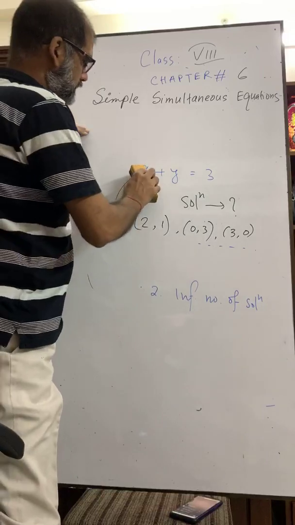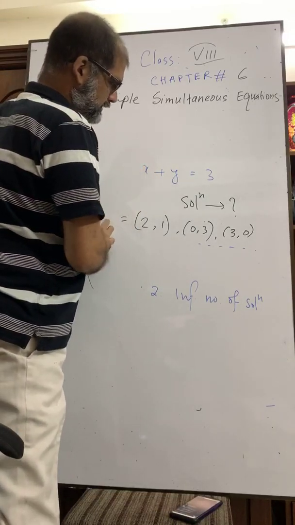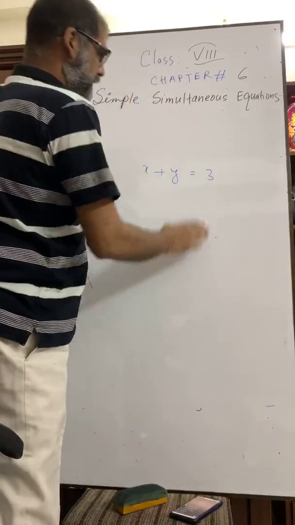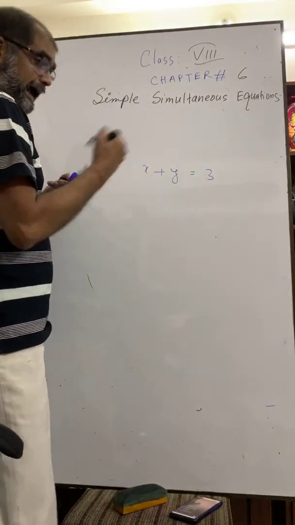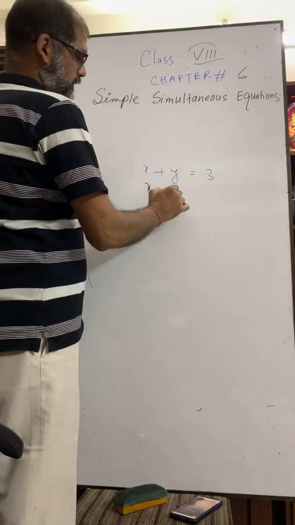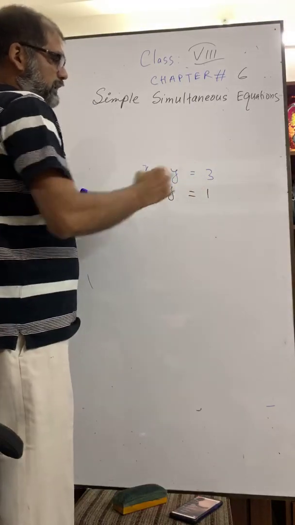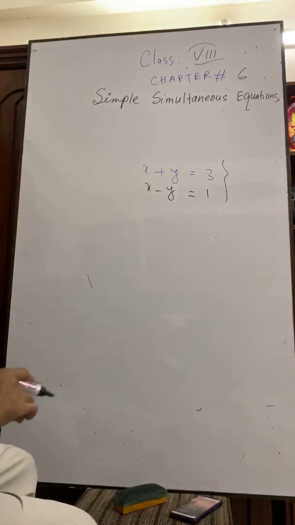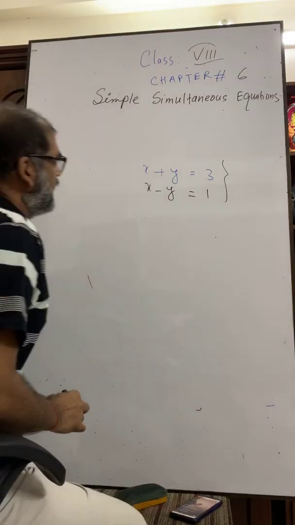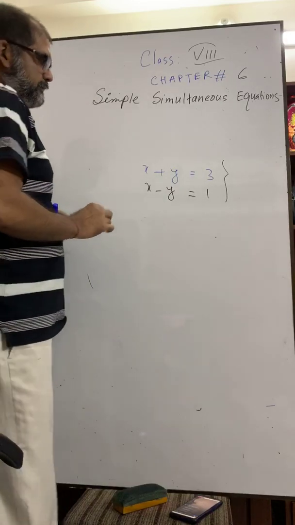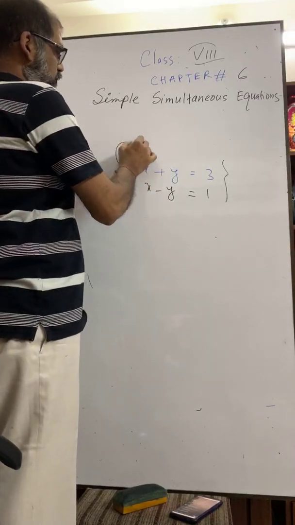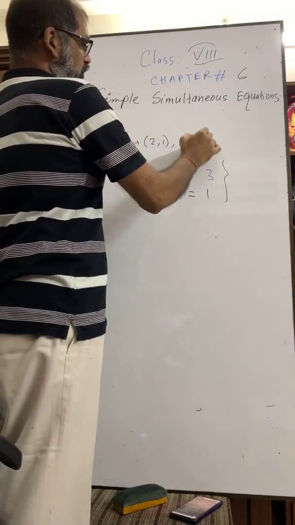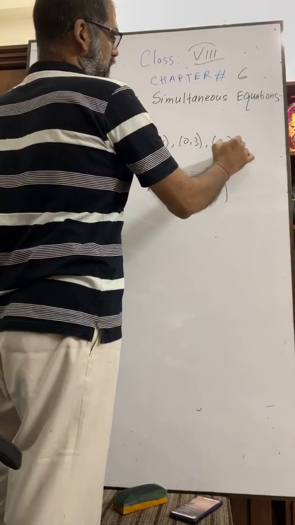But if it is given x plus y equals 3 and x minus y equals 1, now we have two equations. For the first we had 2, 1; 0, 3; 3, 0.